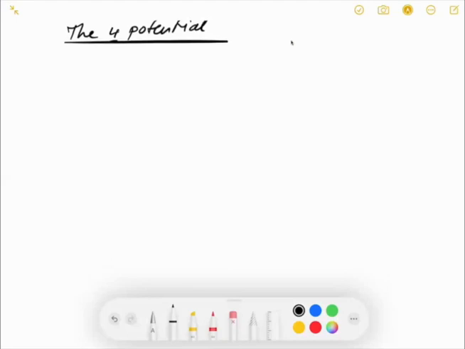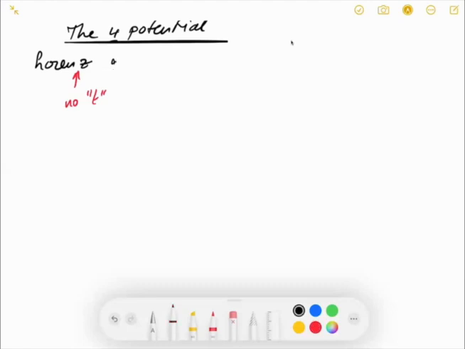Our entrance into combining the potentials, the scalar potential and the vector potential, into a single 4 potential is the following. So remember in the Lorentz gauge, by the way, there's no T here. No T. We talked about this before.